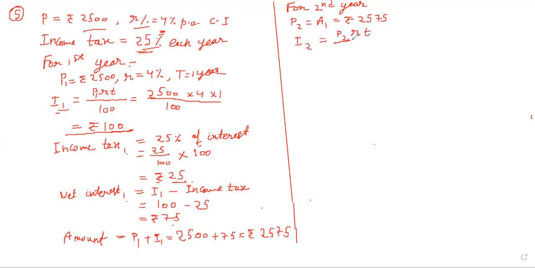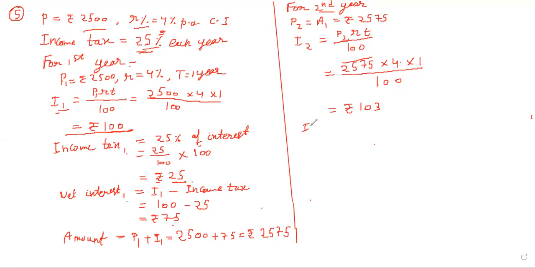So P R T over 100: principal 2,575, rate of interest 4, time again only a single year, over 100. If you multiply 2,575 by 4, we get 10,300. Two zeros cancel out, so the interest is only rupees 103.